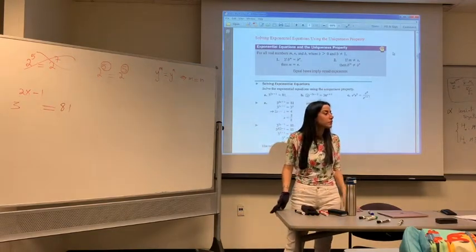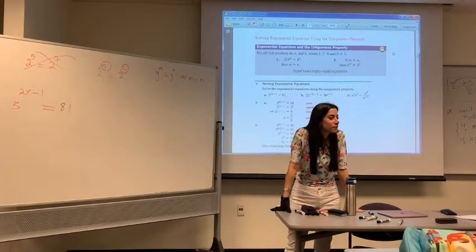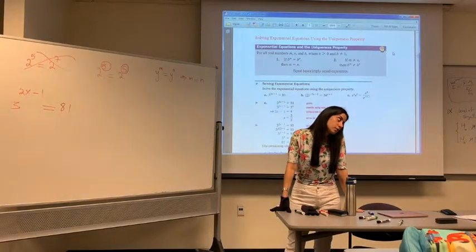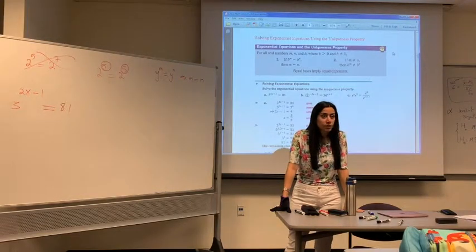So we will start with the same base. Make these two sides, or change either of these to the same base as the other side. Like 81, can we change it to 3 power something? We should. 3 power 4, right?